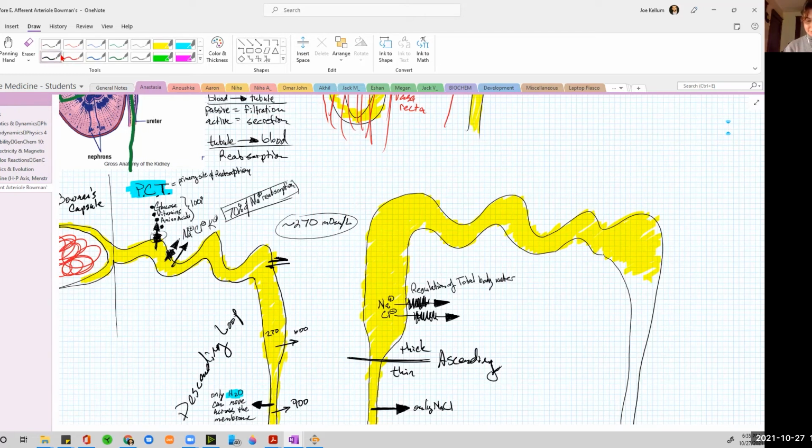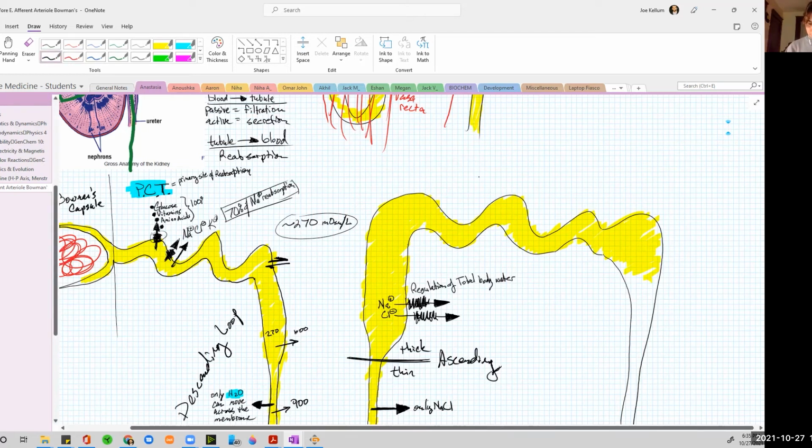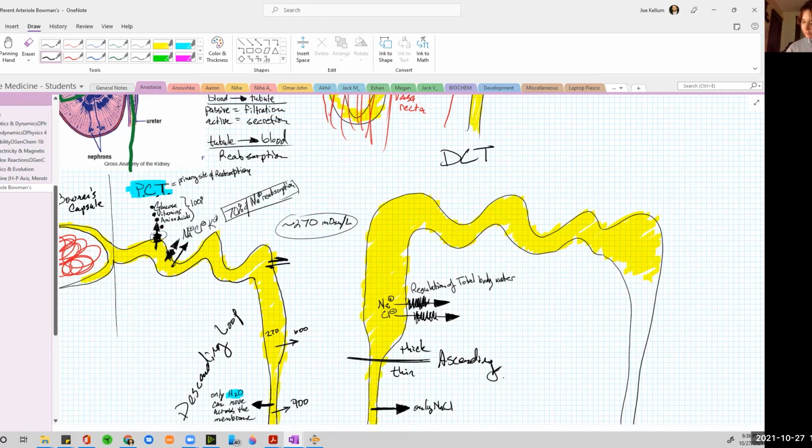All right. So this next segment here, just like the proximal convoluted tubule, except we're further along. So what is it? Distal. Nice. Distal convoluted tubule. Because it's squiggly naming, and it's further away. Exactly. Okay, so what's going on in the distal convoluted tubule?